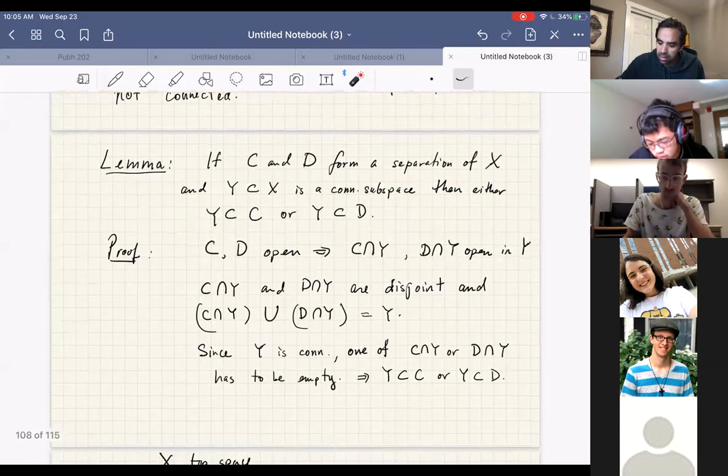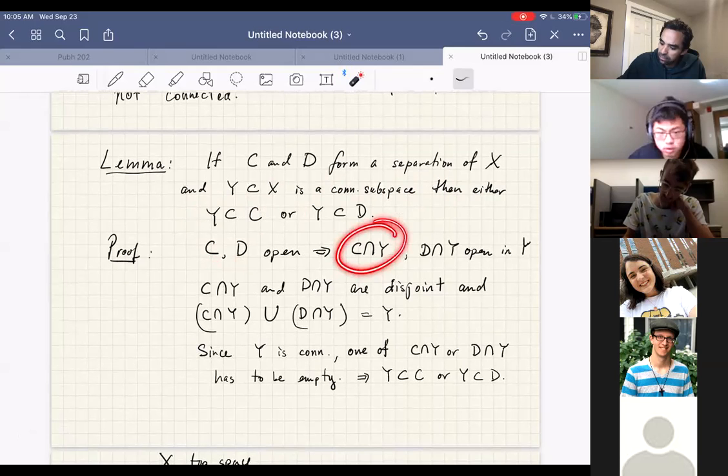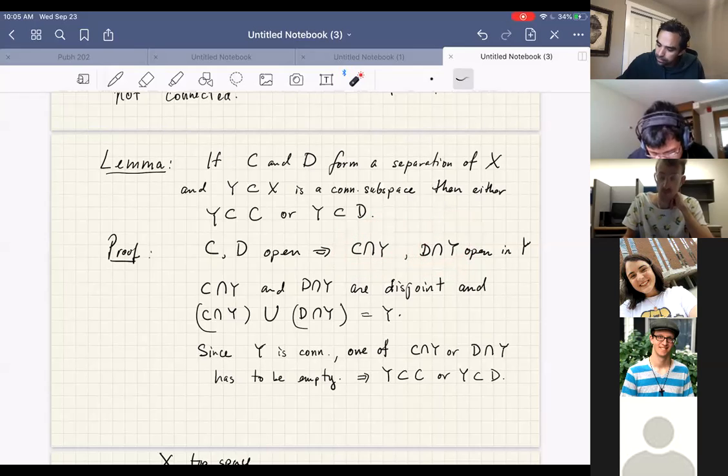So the proof is that since C and D are open, they induce open sets in Y by taking the intersection, right, in the subspace topology of Y. And since C and D are disjoint, the intersection of C with Y and the intersection of D with Y are disjoint as well. And their union is all of Y, since the union of C and D is all of X, right?